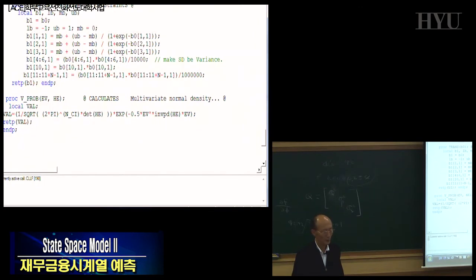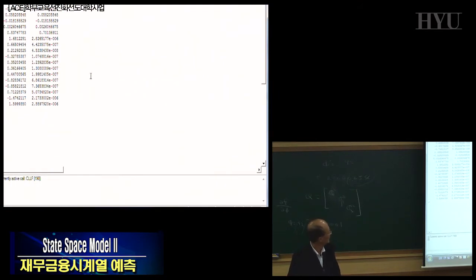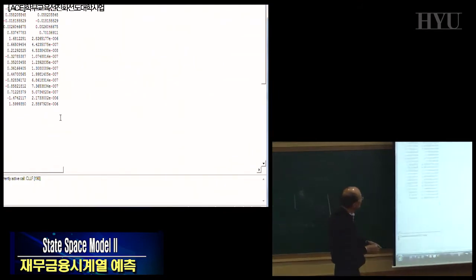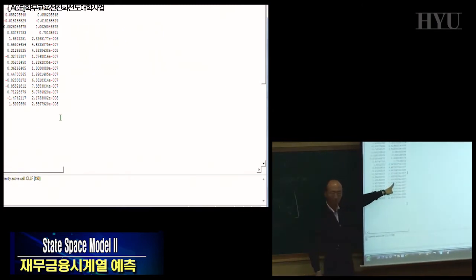Okay, so that's what I'm saying here. Those are variances, and this is the true scale, a very small number, right? I make it about this scale. So if you look at this column, the scales are very similar.